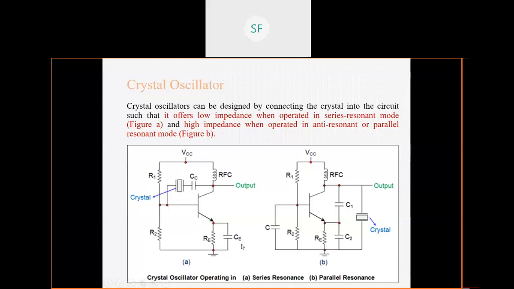Ce stands for emitter capacitor, or many times it is also called a bypass capacitor. What is the function of any capacitor? To block DC and to allow AC, because nowhere do we want DC. We want oscillations at the output, so that's why we only want AC.